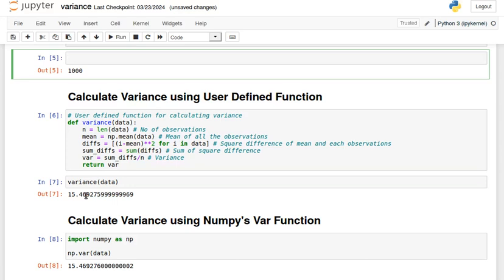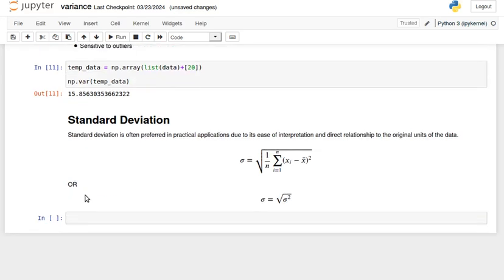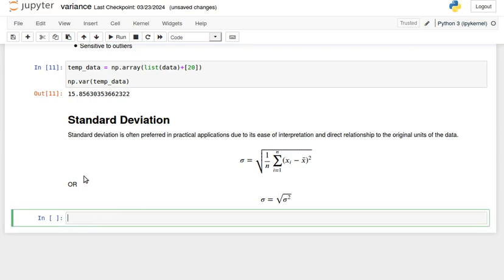It can be anything. It is not intuitive, but standard deviation will always be in centimeters. So like this, most of the time standard deviation is used, and with variance we can calculate standard deviation. Standard deviation is the square root of variance.